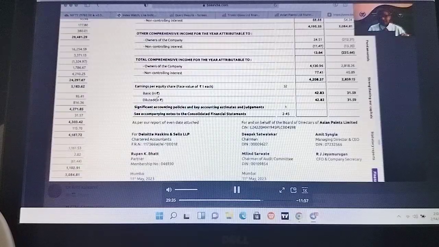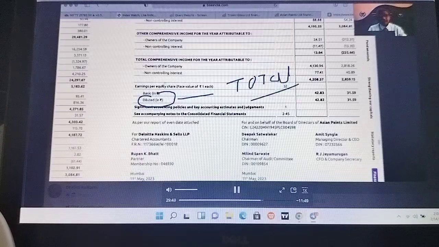So diluted means total shares. Instead of going into too much technical detail, focus only on diluted, which is the total number of shares. In basic, some shares are excluded from the calculation. This is for intellectual gymnastics, not much practical value. The practical value is only diluted EPS. Right?